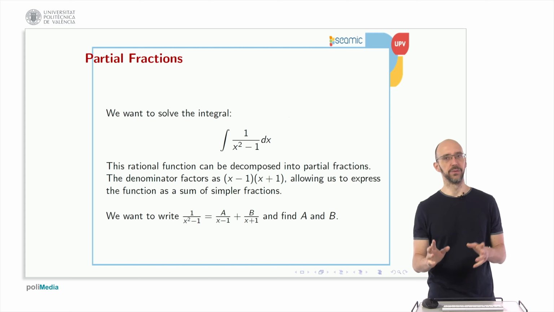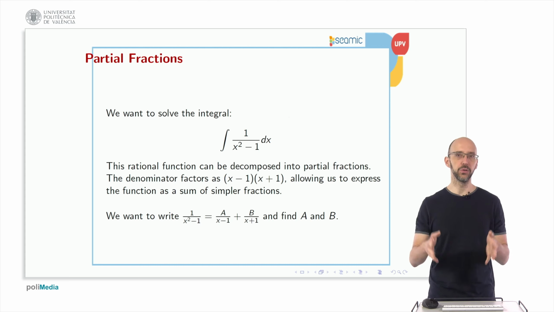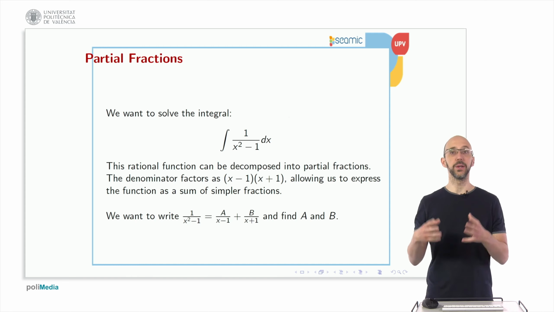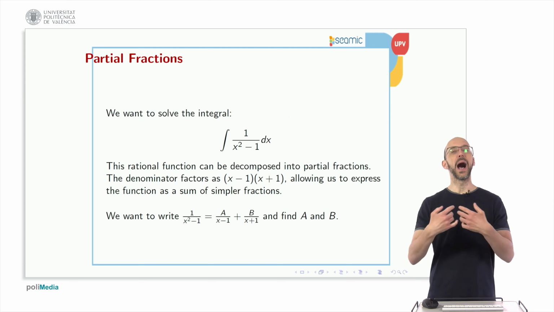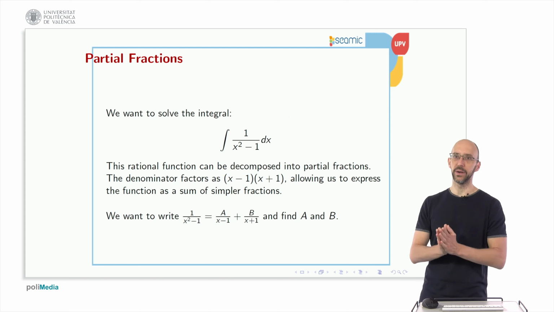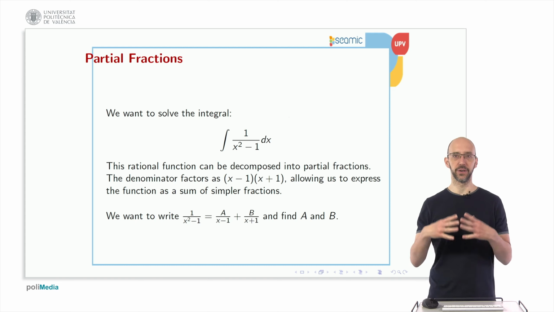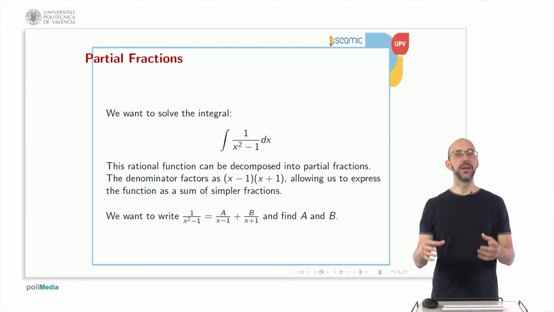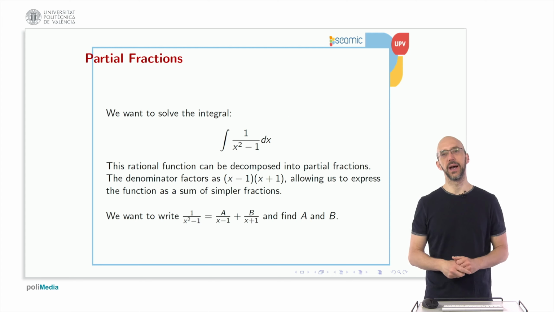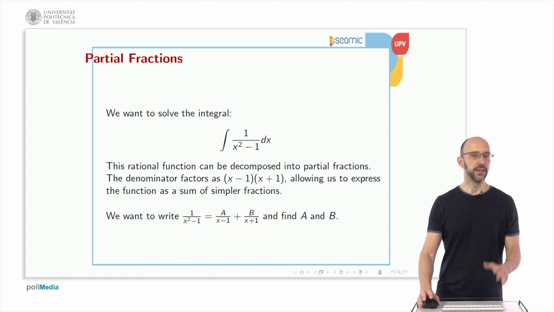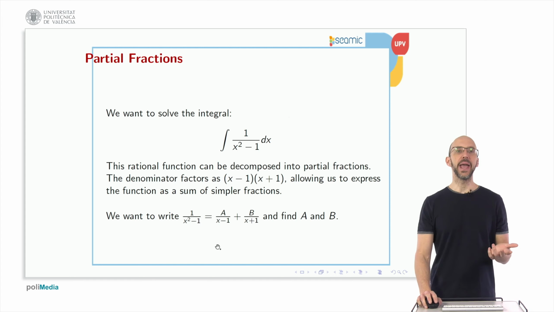But be careful: normally the integral is the logarithm of the absolute value, because the logarithm is not defined for negative values. If you write the logarithm of x minus 1 without the absolute value, I will think that you are aware that the logarithm cannot be calculated for negative values, and that the solution is only defined for the values that make this valid. Let's continue. The idea is to calculate A and B.